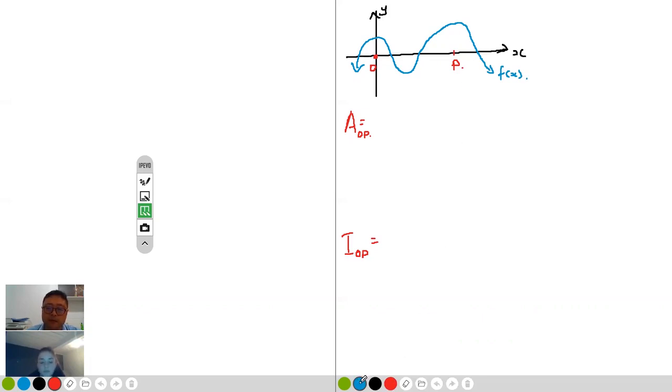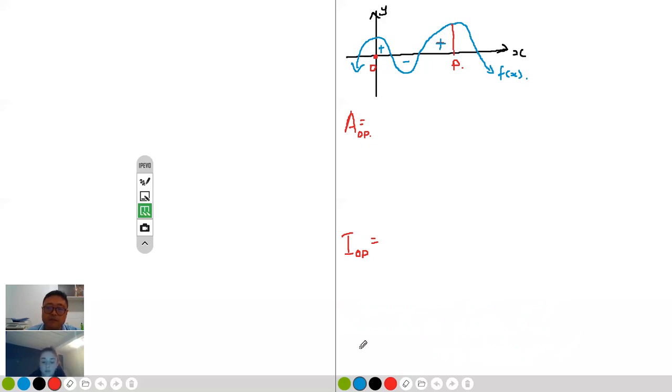When you're integrating, your integral will already take into consideration that this is going to be positive, this is going to be negative, and this bit's going to be positive. So it'll already factor that into it.